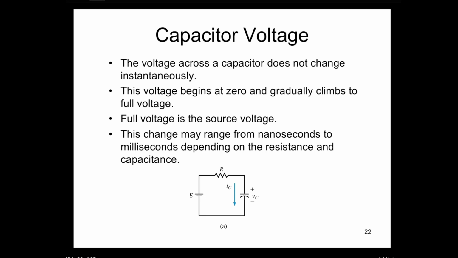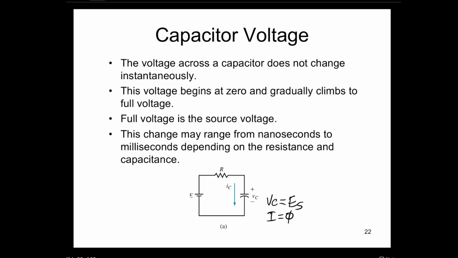So we're going to have a period of time, not long, until this capacitor voltage VC equals E source. Once it equals E source, the capacitor will be fully charged, and I will be 0. There'll be no more current flow.